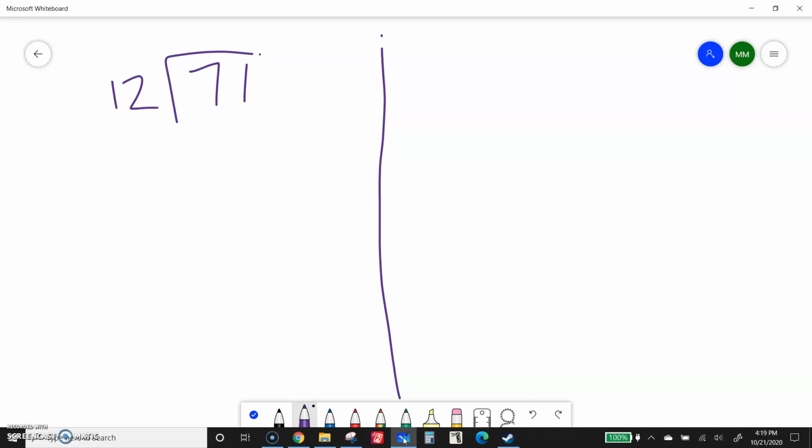Because if I was doing partial quotients, I need to say, okay, 12 times what do I know? Well, I might not know my multiples of 12, so I might have to write the multiples of 12 out anyway. This one you probably could find on a multiplication chart. I'm just going to write them out for you on this one.